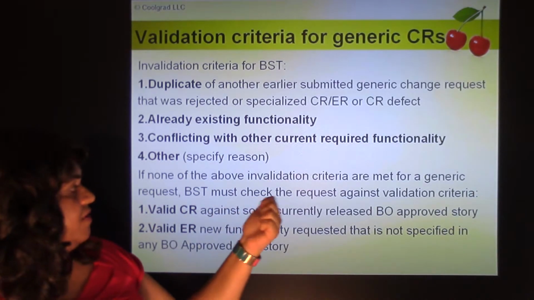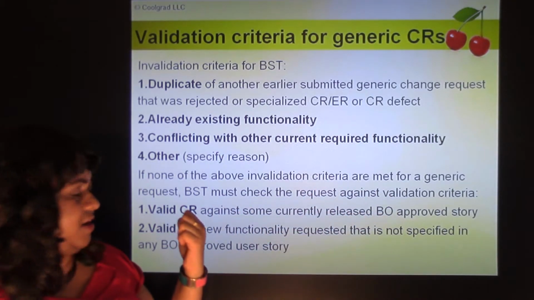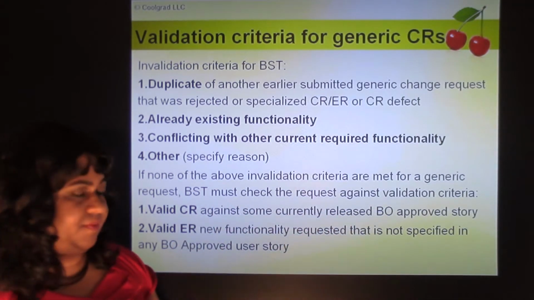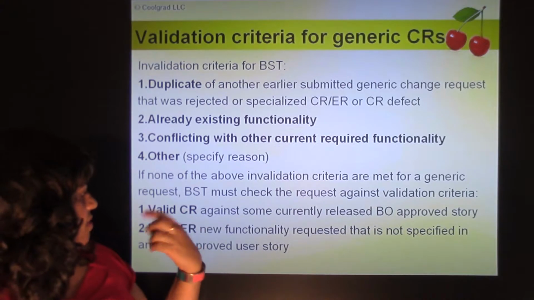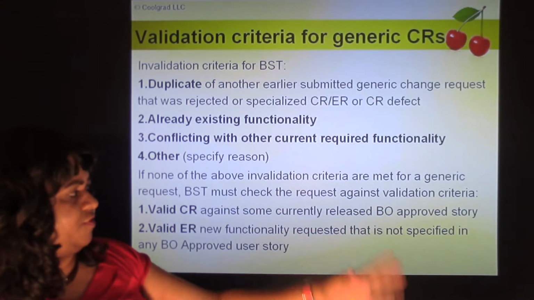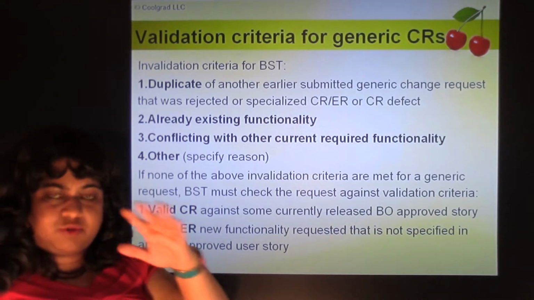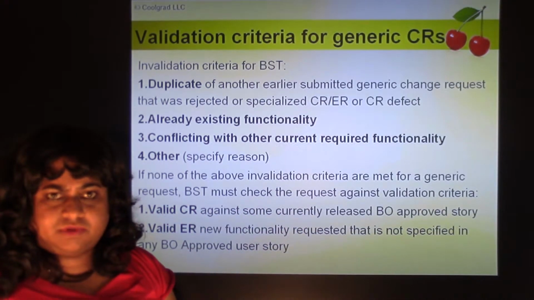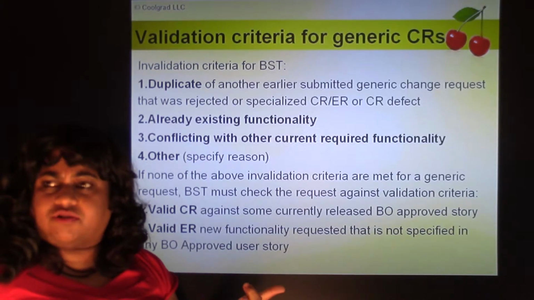So if none of the above invalidation criteria are met for a generic request, the business support team must check the request against validation criteria. So validate the CR against some currently released UAT approved story, meaning there's some story that's already in production. So a list of stories which have moved to production. Validate the CR against all those stories.